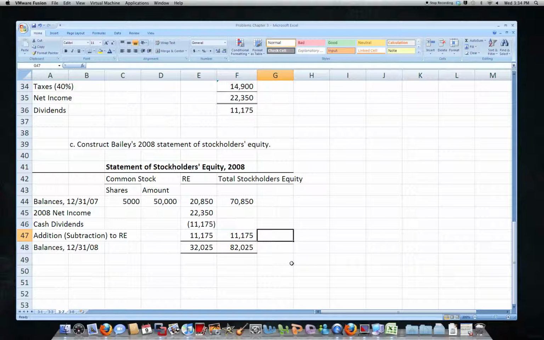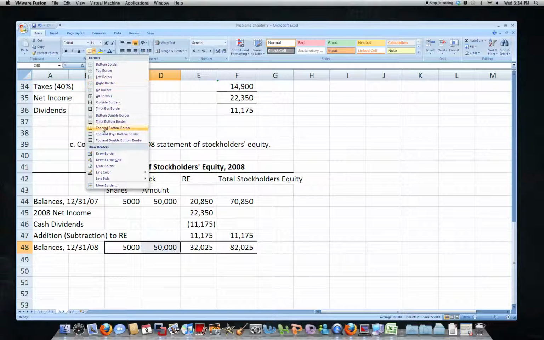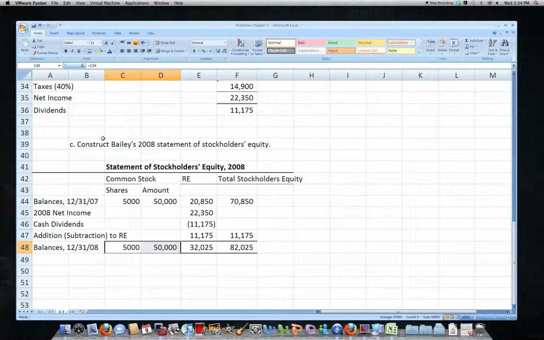There's your statement of stockholders' equity. Or we can also pull these down. See how that looks. And there we go.